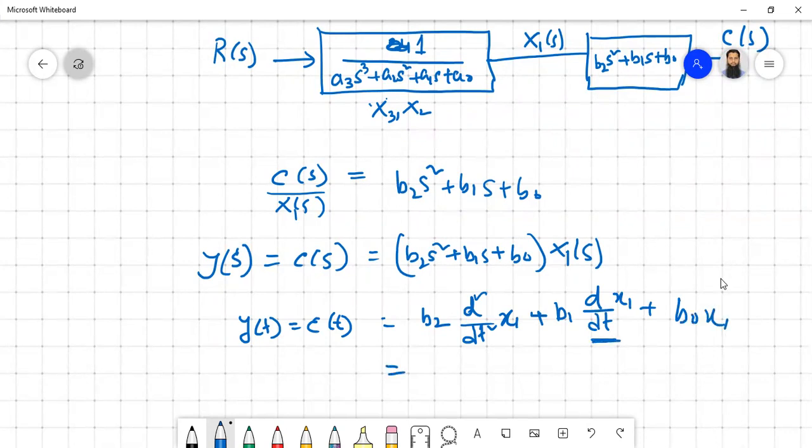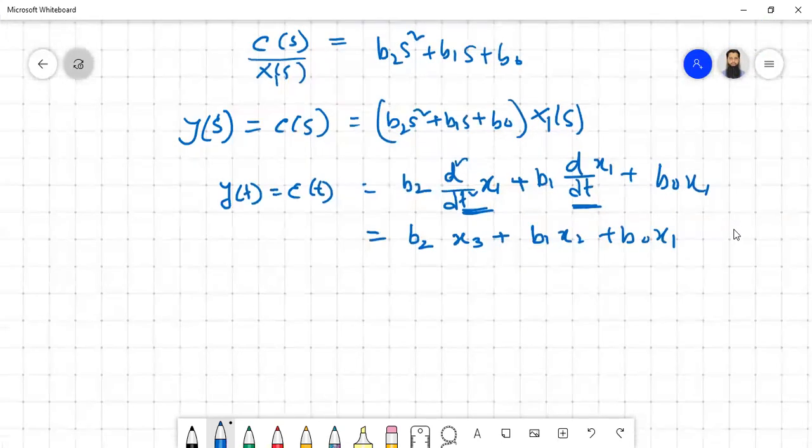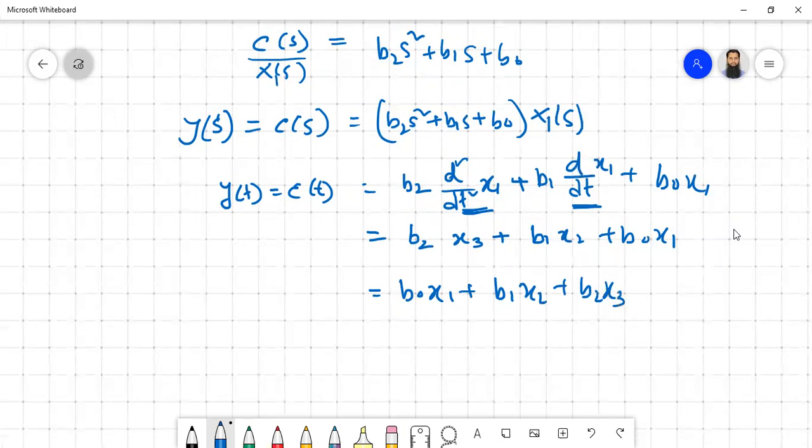This is nothing but your x2 and this is nothing but your x3. So you can write b2 x3 plus b1 x2 plus b0 x1. If you rearrange this, b0 x1 plus b1 x2 plus b2 x3 is your output equation. So only your output equation is changing.